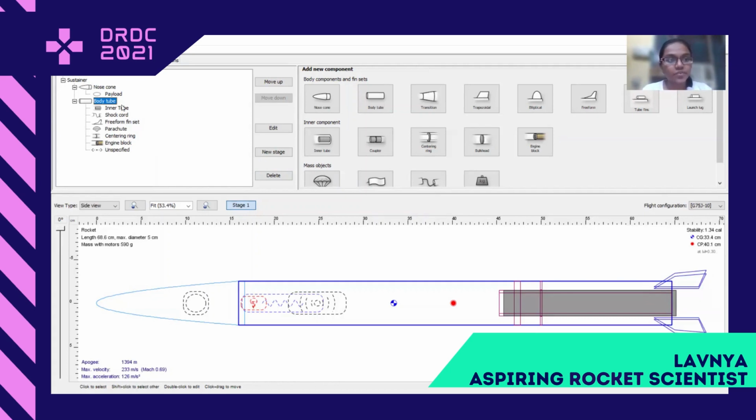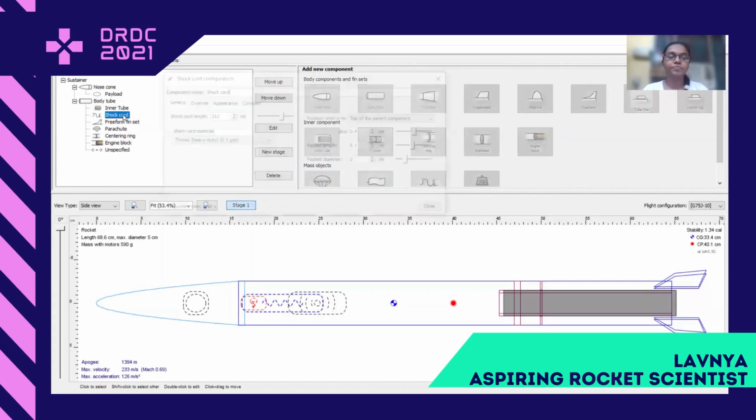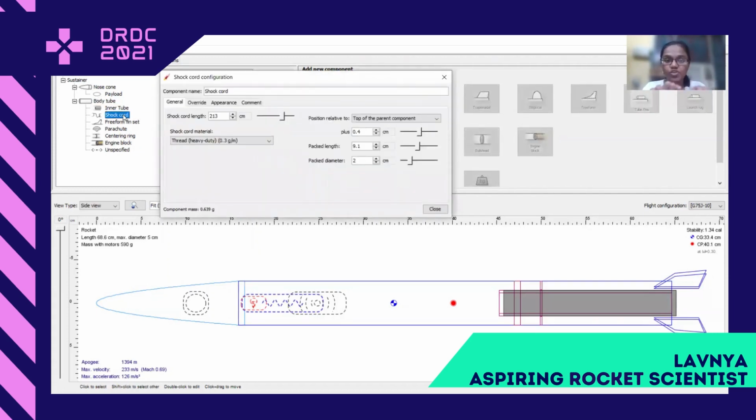First, let's get started with the shock cord. Based on my research, I have come to know that the shock cord length must be 2 or 3 times the length of the rocket. So considering my rocket's length, I have given it a length of 213 centimeter, and the material I have chosen is thread.